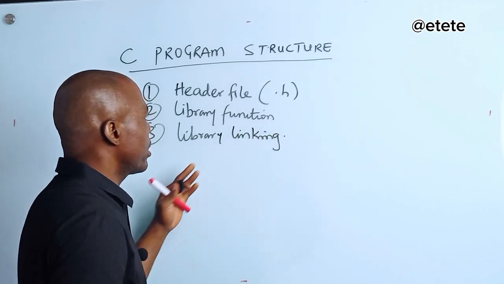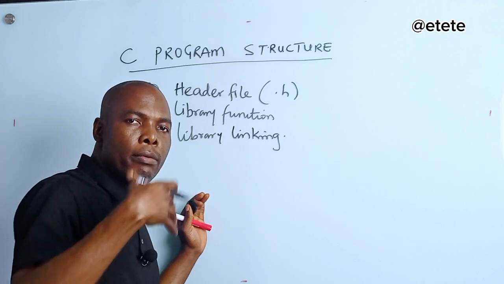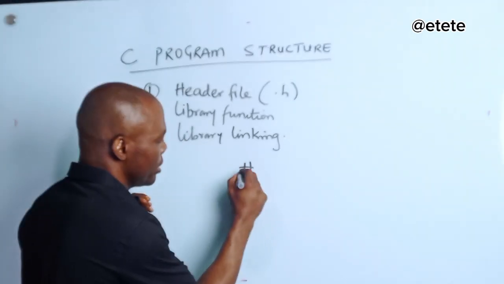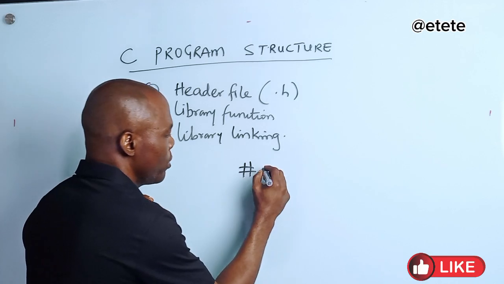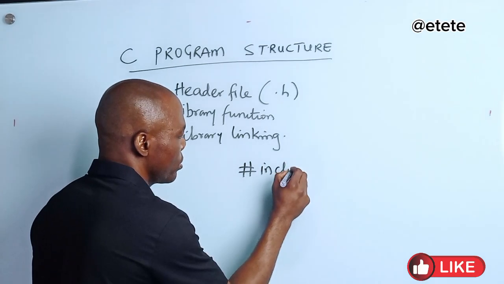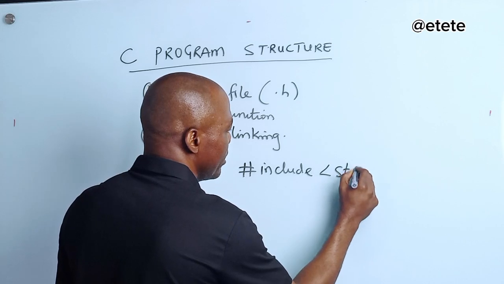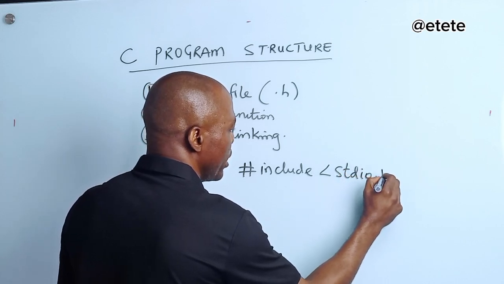All right? Okay. So when you see a C program, the C program is going to start with this. And then you will see include. Then you have something like this, stdio.h.